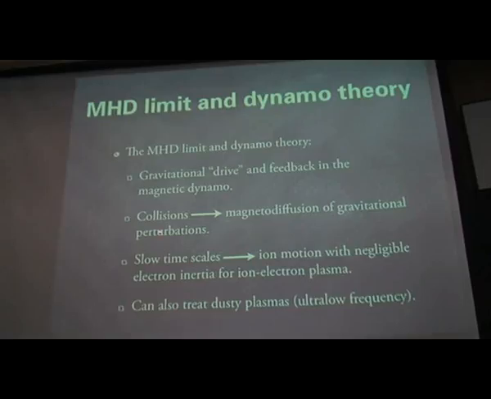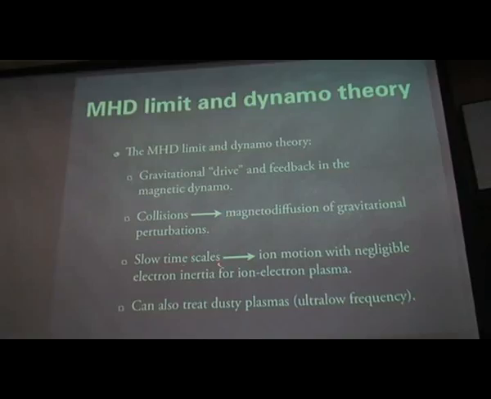Also, you have collisions normally, so you have some viscosity in the fluid, for instance, and you will have finite conductivity sometimes. So this will give rise to magnetic diffusion, but since this couples back to the gravitational field, you might expect also that gravitational degrees of freedom might be able to diffuse away through the matter and magnetic field diffusion.